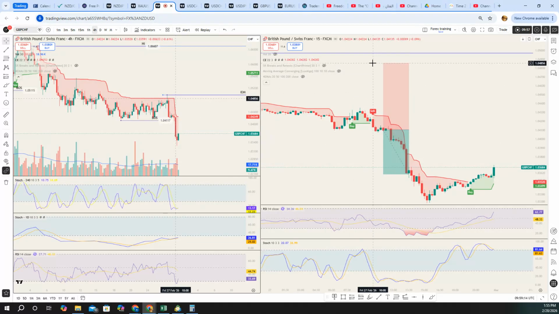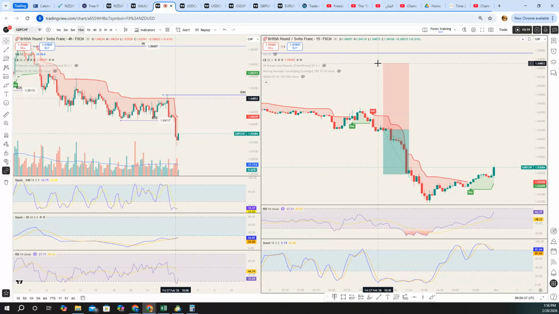If I put the cursor here, you can see it on the other screen. Look at where that fits here. Yeah, it's around there. I can't hold my hand steady. Yes, it's around here. So my stop loss was here.